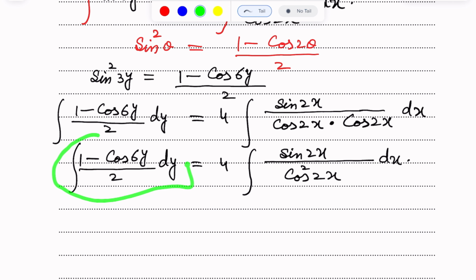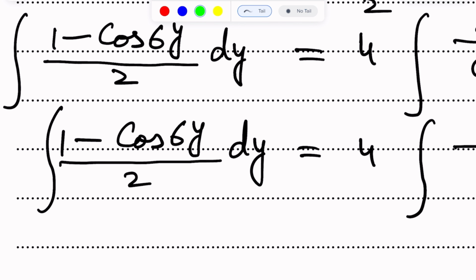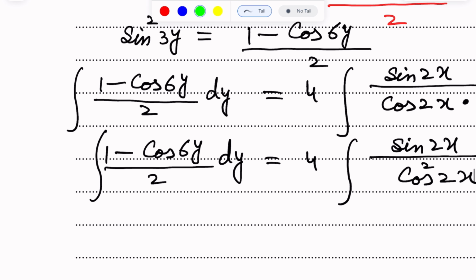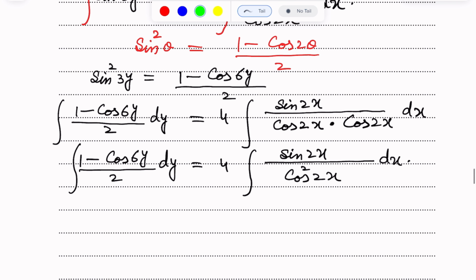Left hand side will be integrated in a very simple way because we can take common 1 over 2 outside this integral sign. We integrate 1 minus cos 6y. It is very simple to integrate with respect to y.